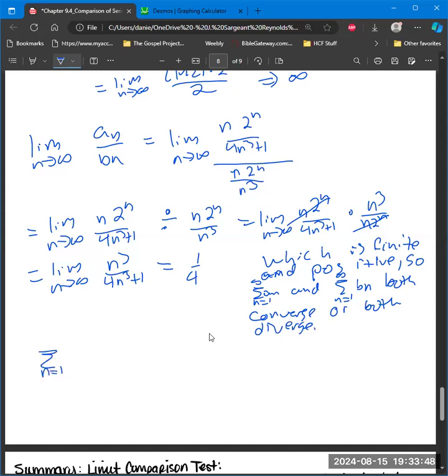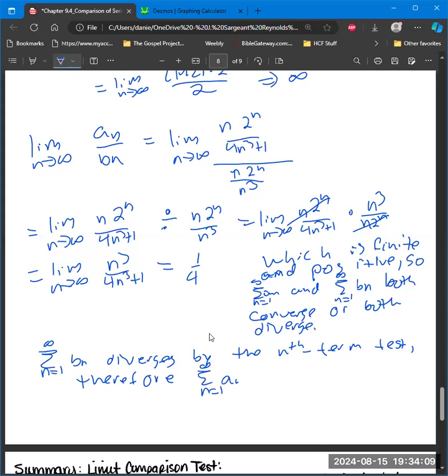Summation of Bn diverges by the nth term test. Therefore, summation from 1 to infinity of An also diverges by the limit comparison test.